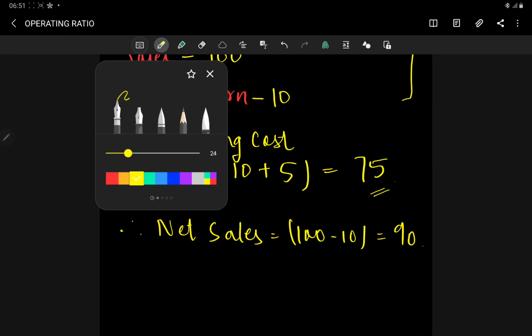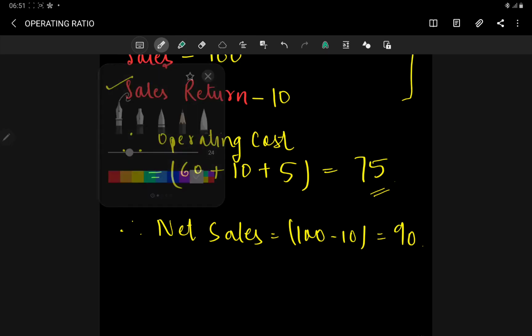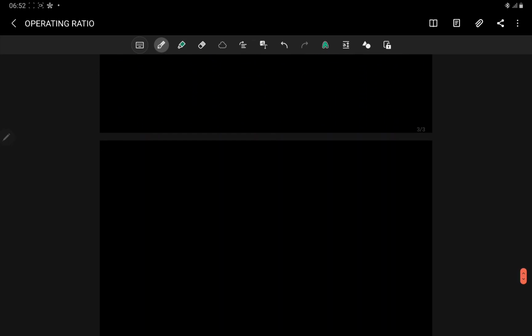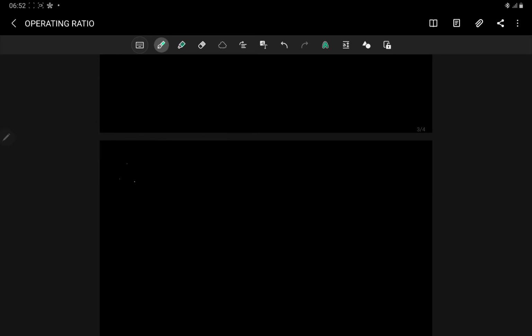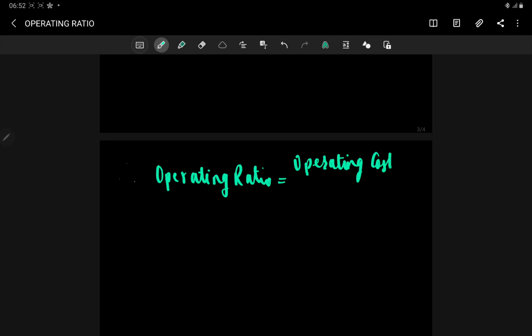Now next we need to calculate the operating ratio. Operating ratio is nothing but operating cost, the cost incurred in operations, compared with net sales, that is operating cost divided by net sales into 100.